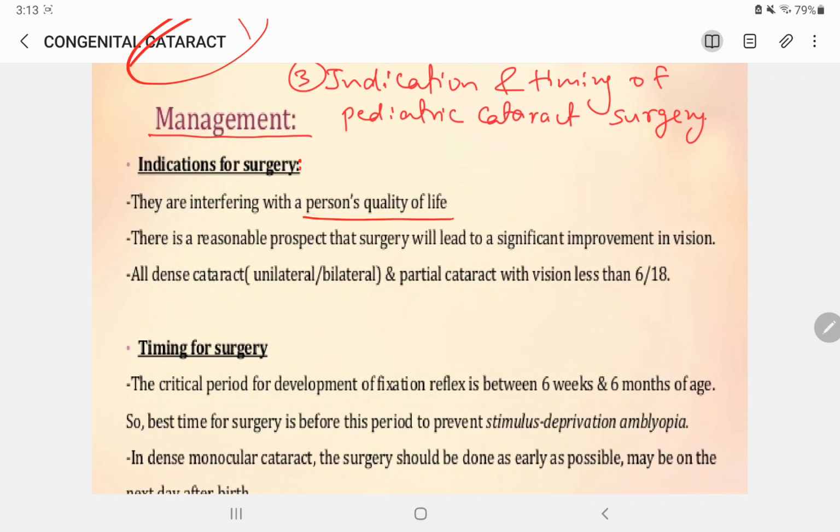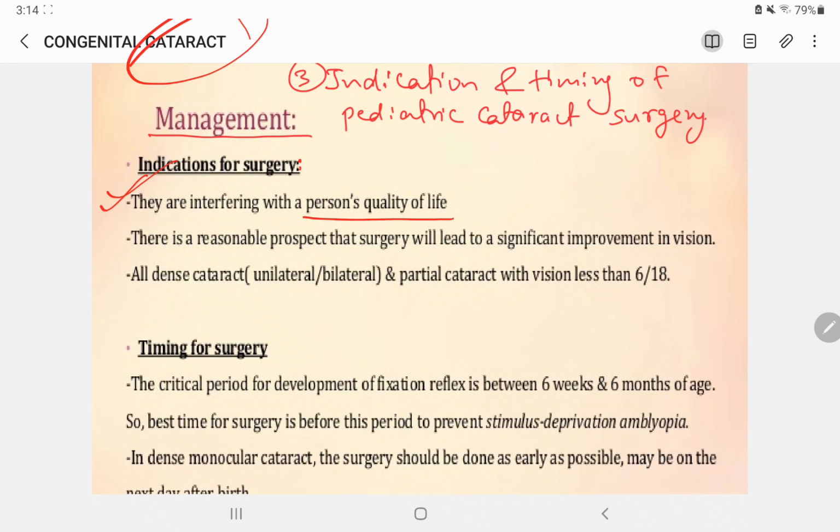Yes, of course, if the visual acuity is low, then it is affecting the quality of life, because the child cannot perform well in school and at home, and he will have some kind of anxiety as he grows up. So that is an absolute indication.